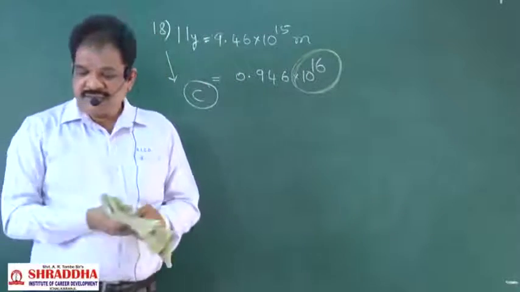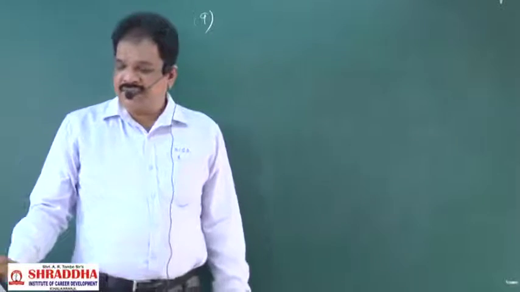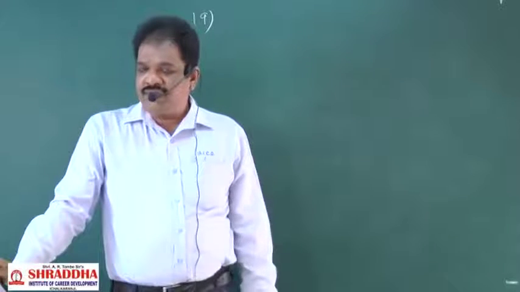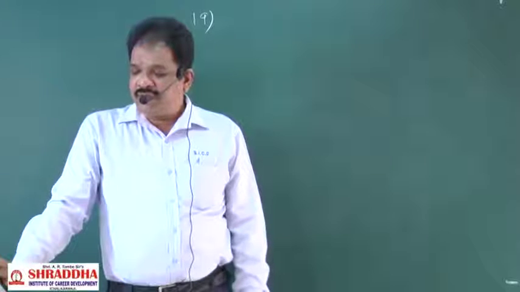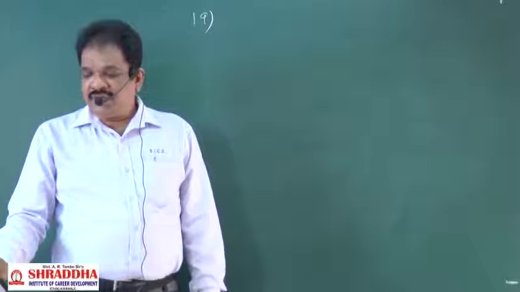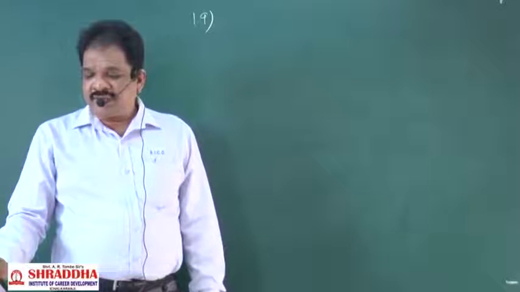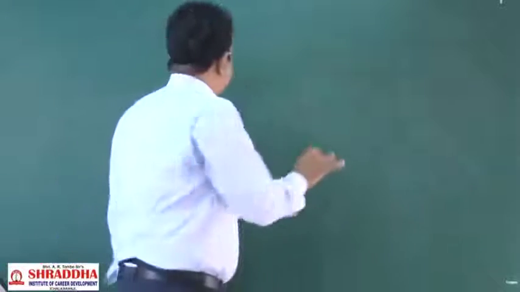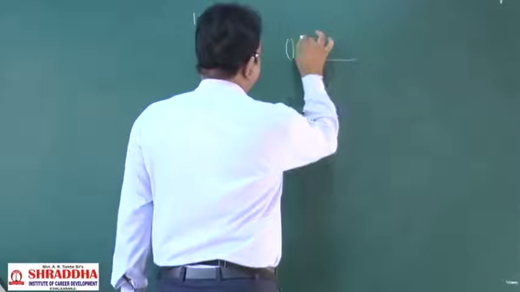Next, 19, what they are asking. Student measured the diameter of a solid cylinder using a micrometer screw gauge of least count 0.001 centimeter and took the following readings. Which is the correct measurement? One solid cylinder is there. Cylinder will be in this shape.